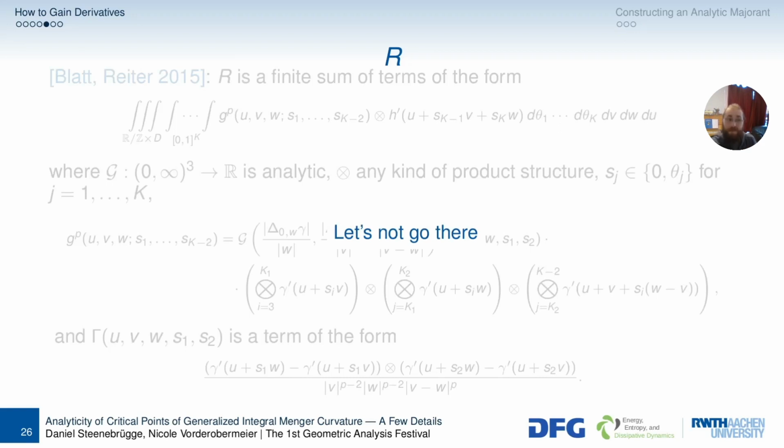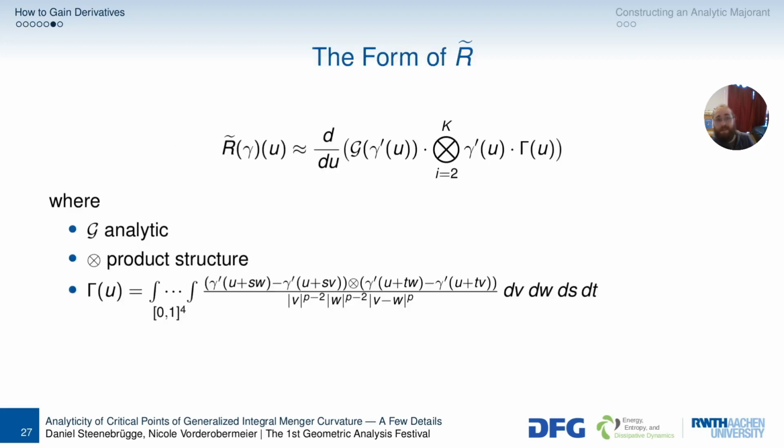Let's not go there. It's too much. It works out, but you need lots of techniques, and it's very technical, so it's too much for this talk, I guess. Let's take a simplified form. Roughly, the remainder term is the derivative of an analytic function applied to gamma prime times some products of gamma primes times some function capital gamma.